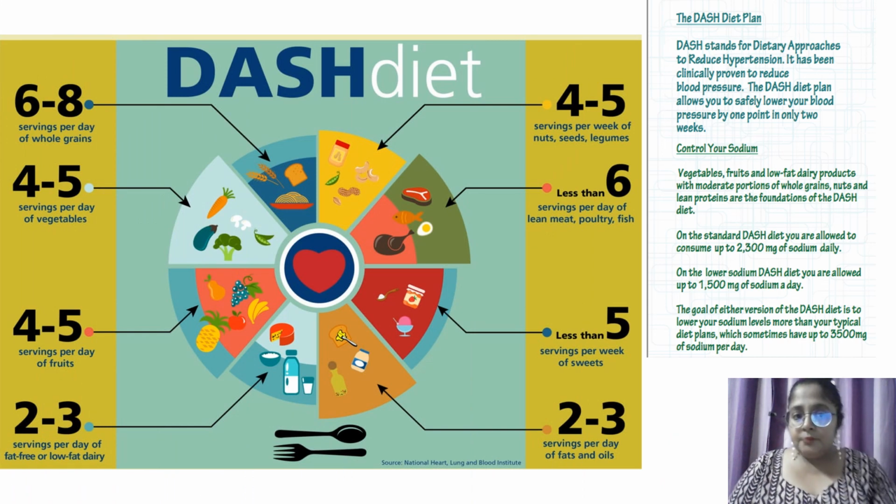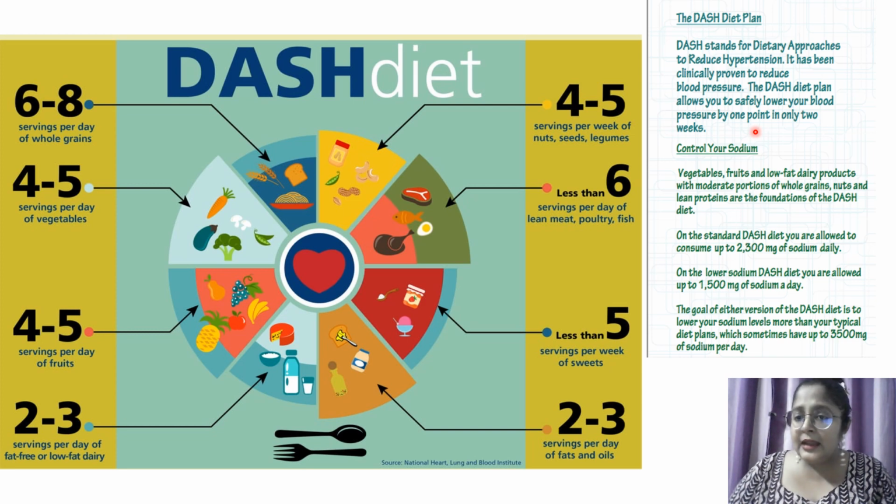Coming to the plan, I've shown you a pyramid, and whenever I show you a pyramid I also give you a plate so that you can understand how much should be the portion. So over here I've also told you what the DASH diet plan is. It is basically the dietary approach to reduce hypertension, and it is clinically proven to reduce hypertension and blood pressure, and it allows us to safely lower the blood pressure.